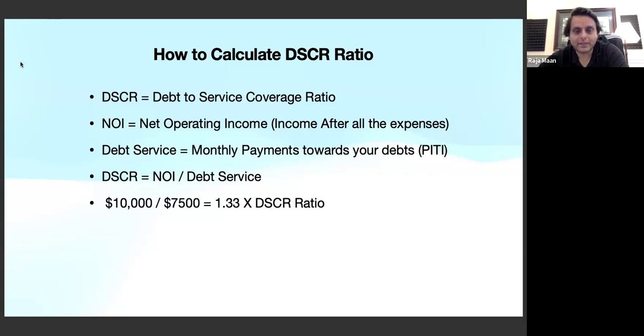People who invest in real estate know it's pretty simple to calculate, but there are some add-ons you have to make sure you don't leave out.